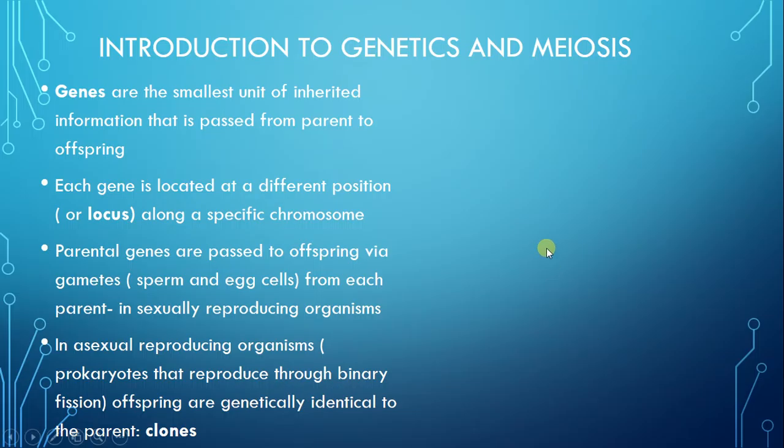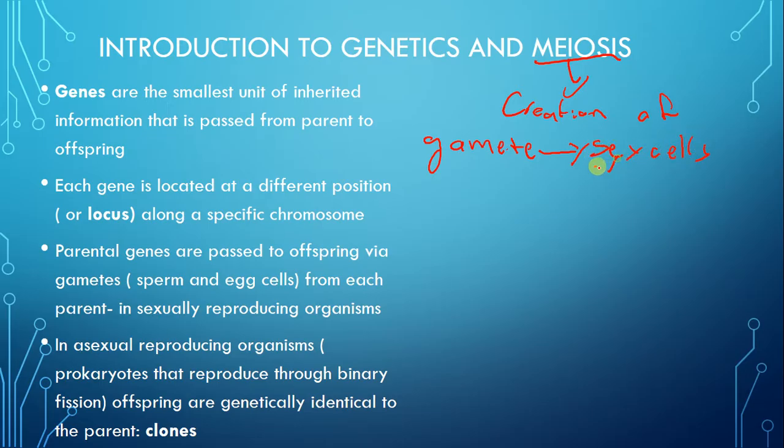To get us started. So, meiosis is the creation of gametes. So those are sex cells, those are sperm, and those are eggs.